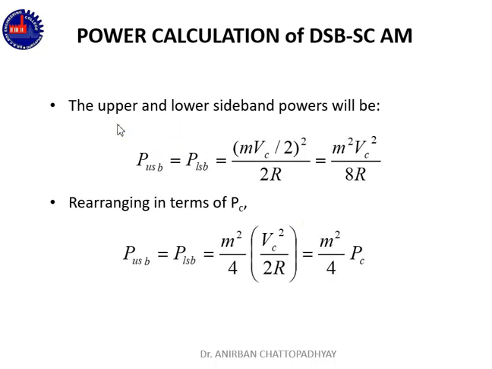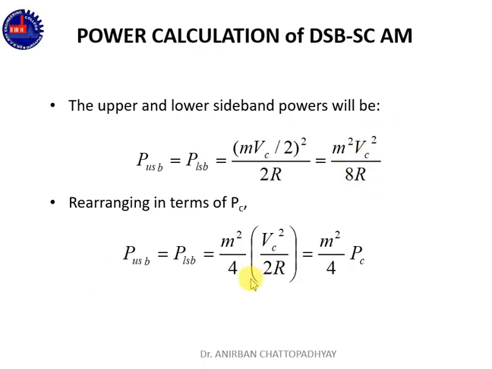Similarly, we can determine the lower sideband or upper sideband power, and we already know that the power requirement for the lower sideband and upper sideband is exactly equal. So it will be (m Vc by 2) whole square by 2R. So PLSB is equal to PUSB, which will be ma square Vc square by 8R.